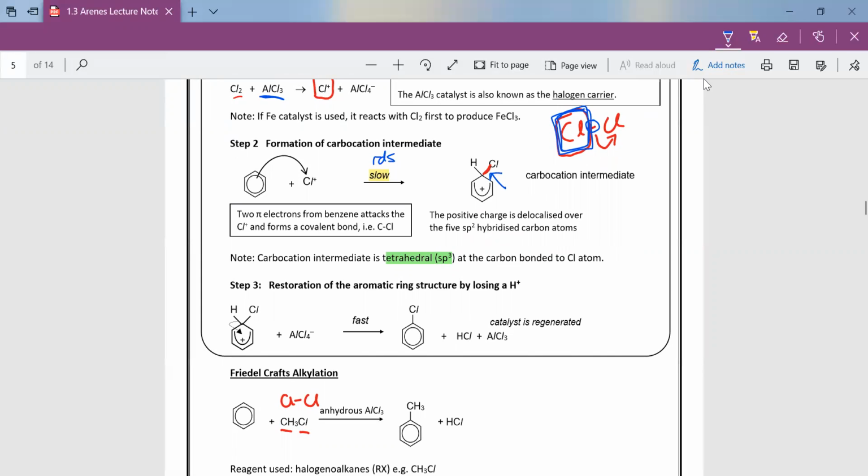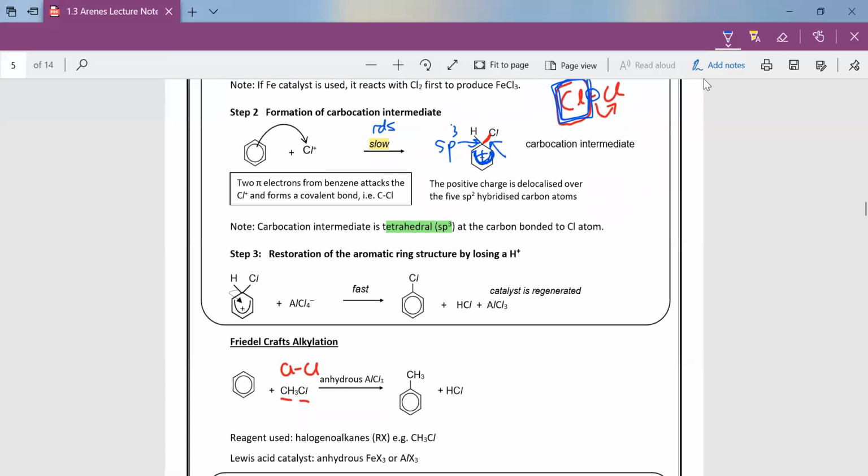Then you notice that the positive charge is delocalized over 5 carbon atoms. And the atom where the substitution took place is an sp3 carbon, so it has a tetrahedral shape. That is something we need to take note of.